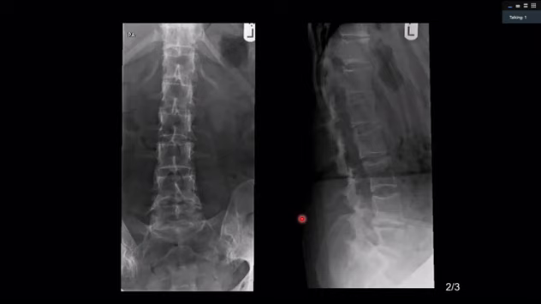So possible causes for this would include dural ectasia, and if that's the case, this could be part of neurofibromatosis type 1. What else other than dural ectasia?